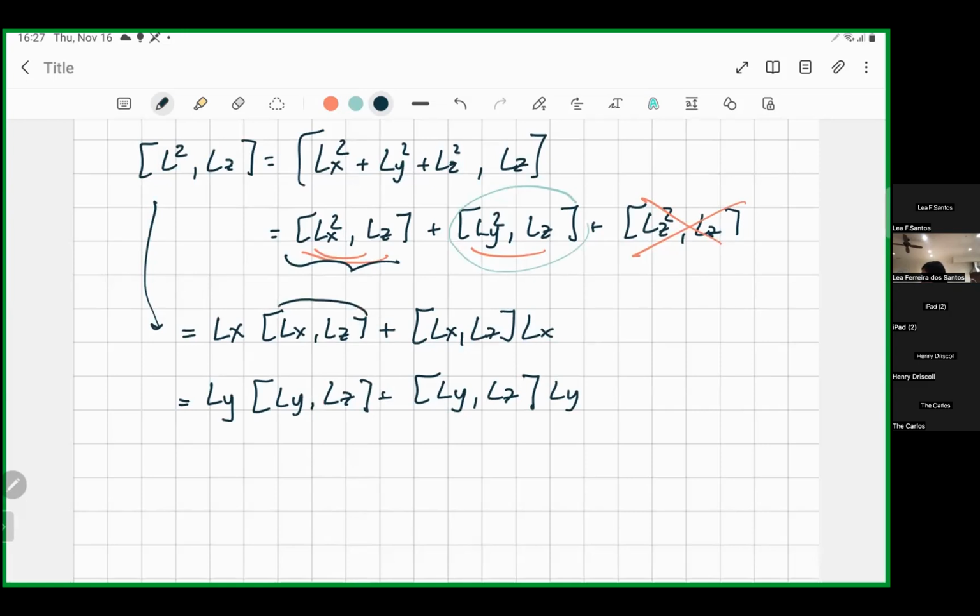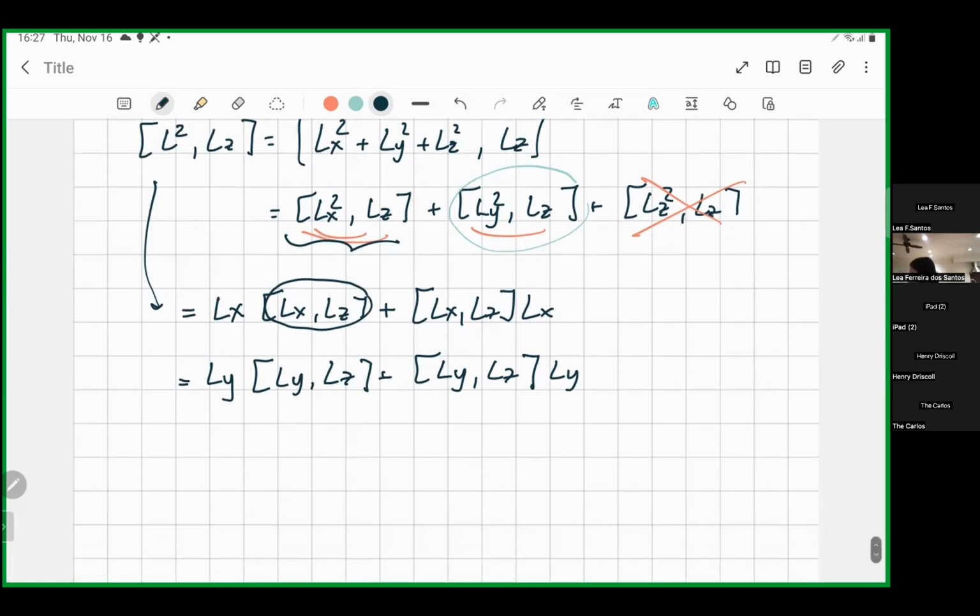All right, so now what do we have? The commutator Lx, Lz, we know it's going to give us Ly. We just need to decide if it's plus or minus. So let's go to our cyclic game. What we are doing here is not going clockwise. I'm going from X to Z, so I'm going counterclockwise, which means I have to put a minus sign. So here I have Lx times minus i h bar Ly.